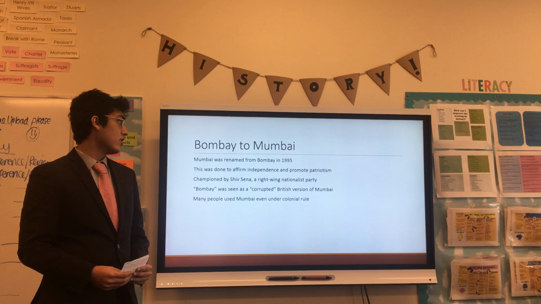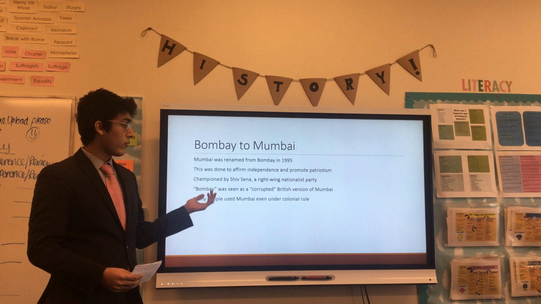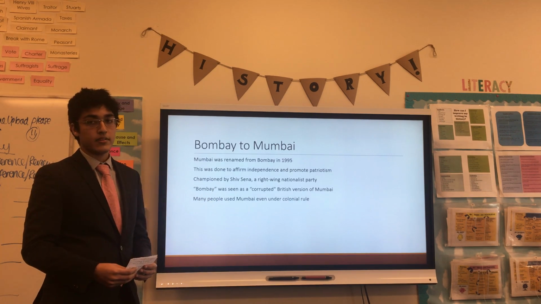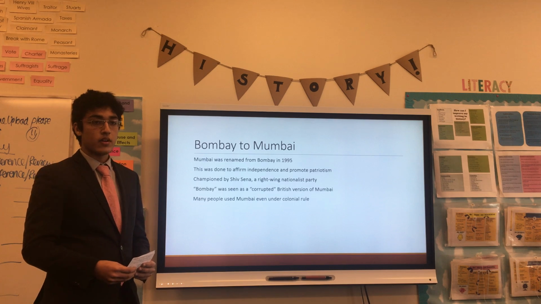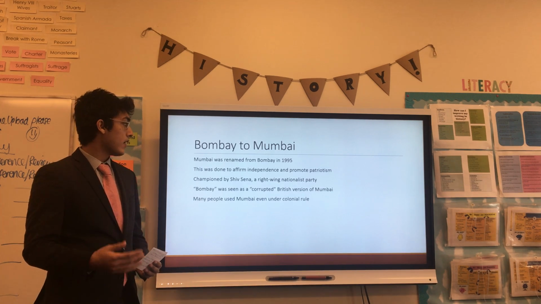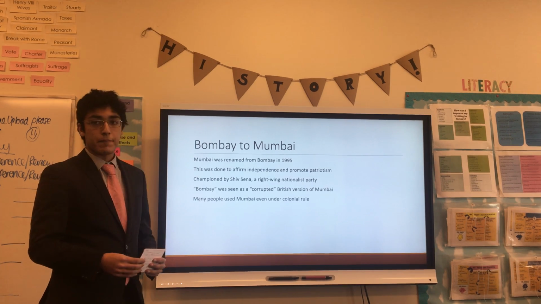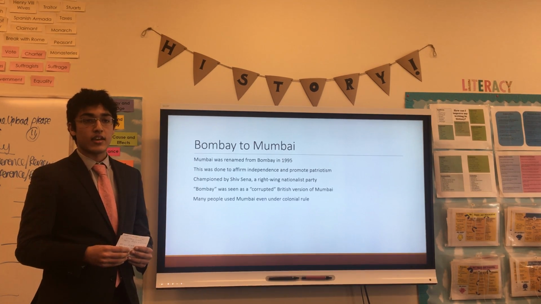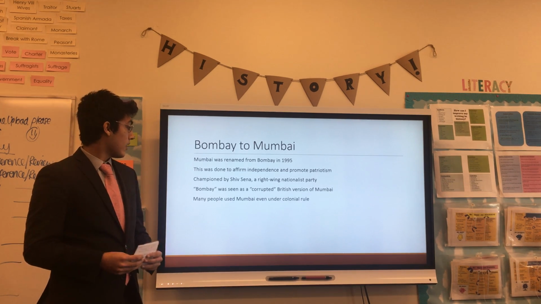The change was the result of the promotion of a right-wing nationalist party called Shiv Sena, and it was renamed in 1995. They said that their aim was to promote nationalism and patriotism, and affirm independence. They viewed Bombay as a corrupted British version of Mumbai.